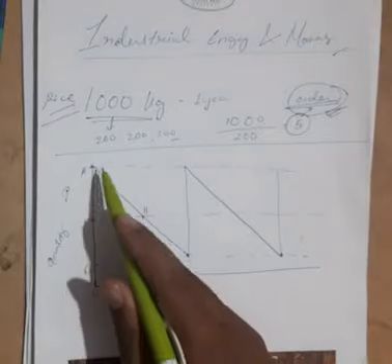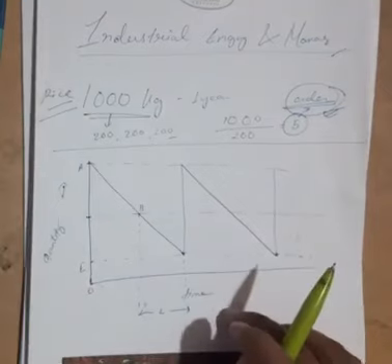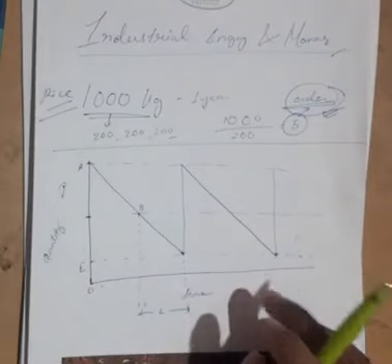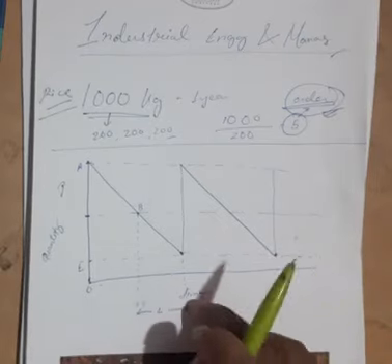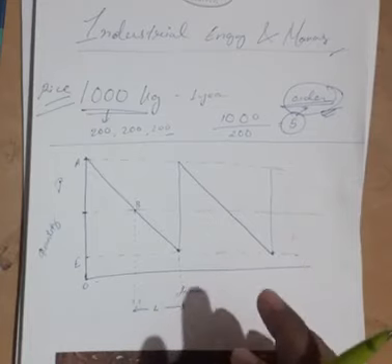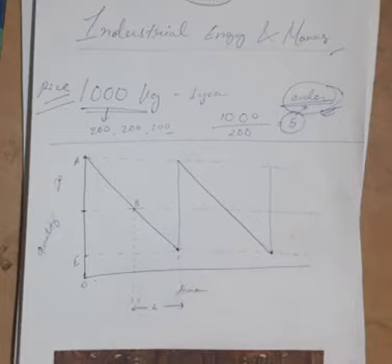Here OA, on this side we have the quantity, and on the right side we have time. Now what you will understand from here is at what time you need to order, so that your order reaches the production line on time.